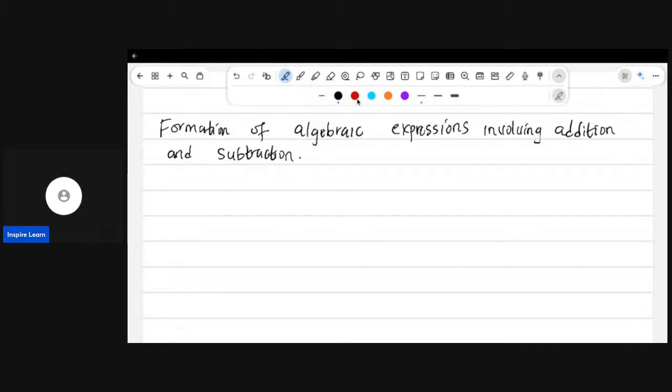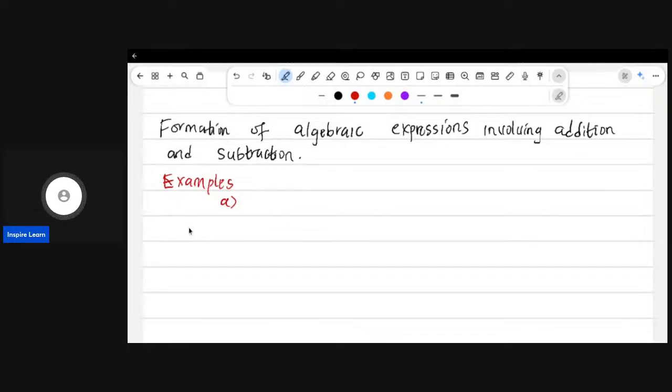So these are some of them. That is whatever we have already done, as much as formation of algebraic expressions is concerned. It's just the same thing. For example, in A, what have you been given? See an example here.